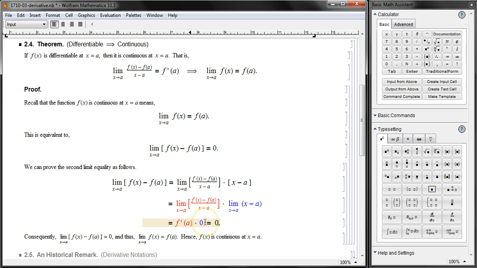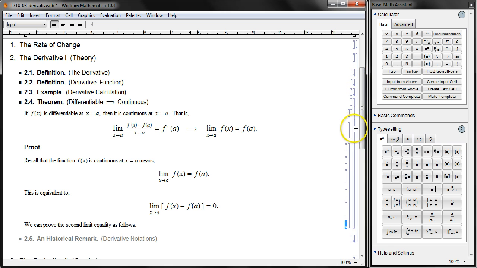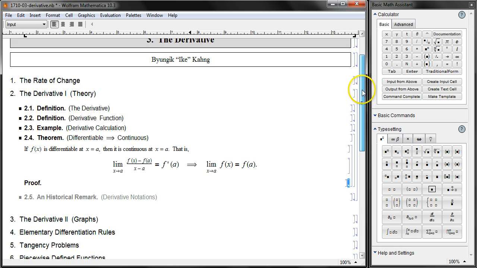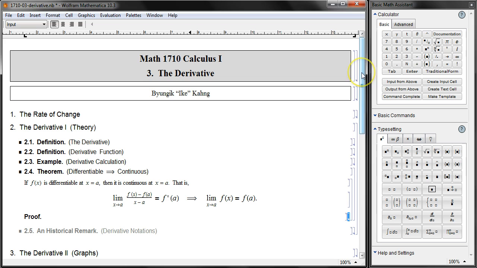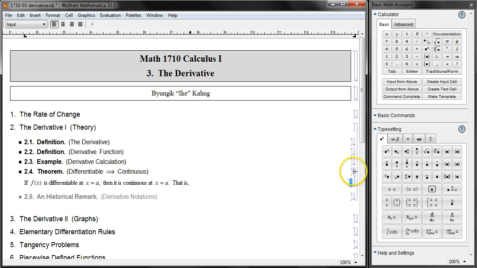So something times 0 is always 0. That's not always true. If that something is a real number, then yes, that's true. But we're talking about the limit. So the limit may not be a real number. And that opens up a can of worms. Okay, that proved the theorem. Differentiable, then continuous. So if you have a discontinuous function, then differentiability is out of question.